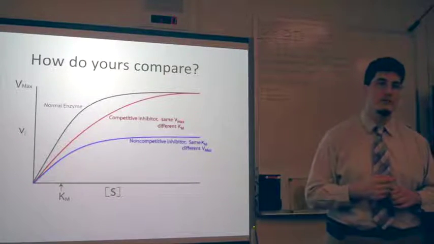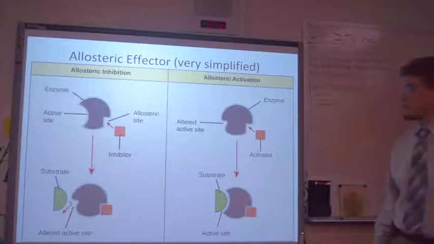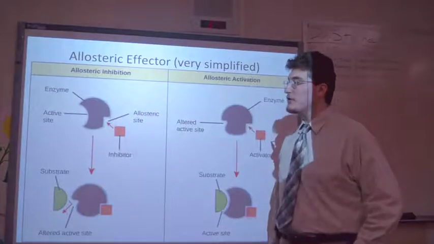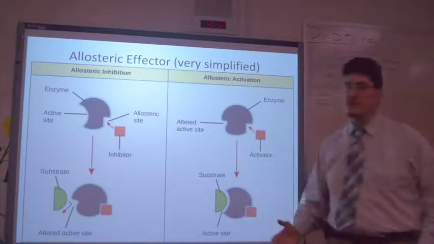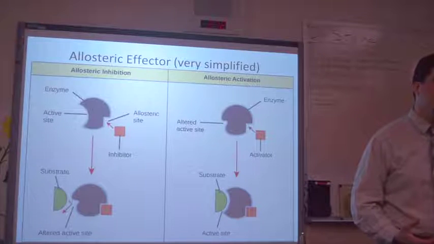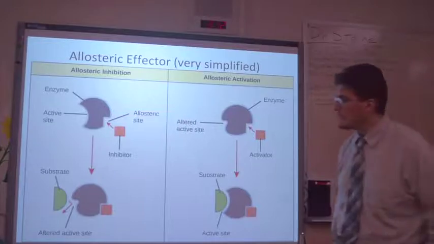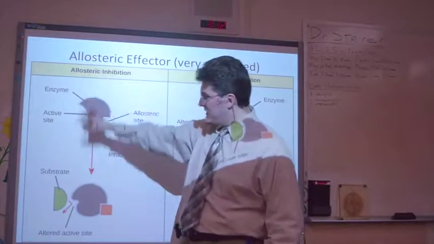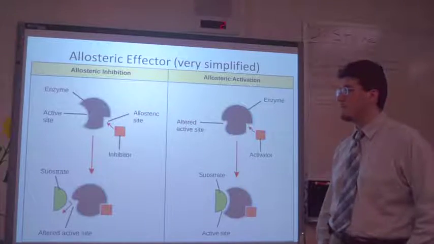Understood? So let's talk about allosteric effectors briefly as well. This is a graphical representation of how allosteric inhibition and activation works. This is highly, highly simplified. The enzyme is this dude right here, the dark gray dude.